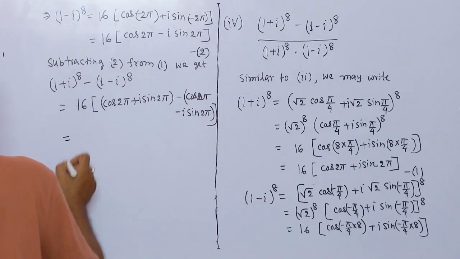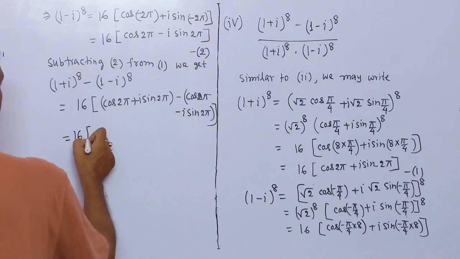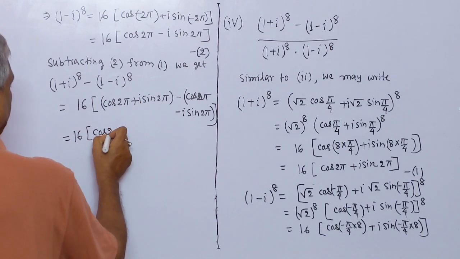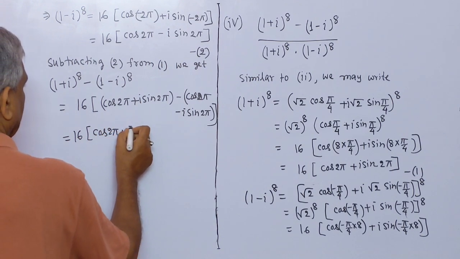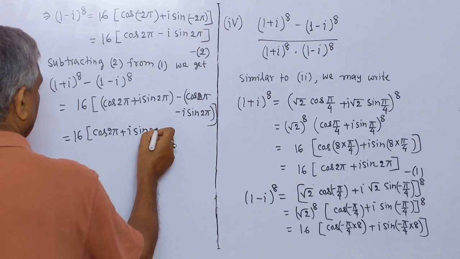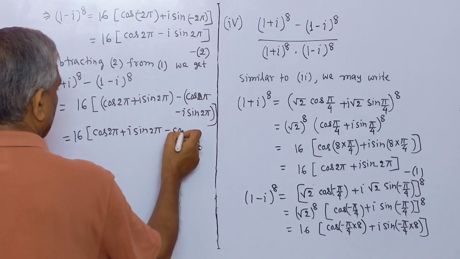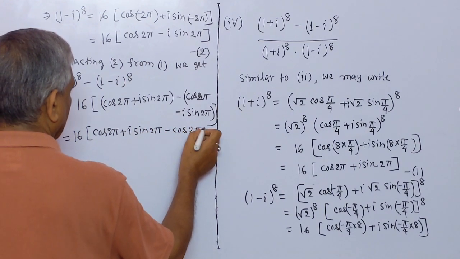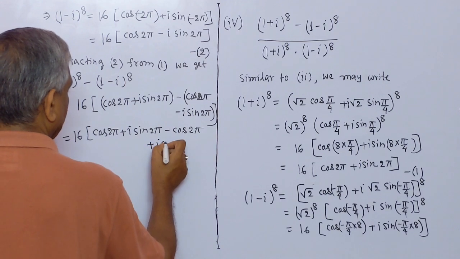This equals 16 times cos 2 pi plus I sin 2 pi minus cos 2 pi plus I sin 2 pi.